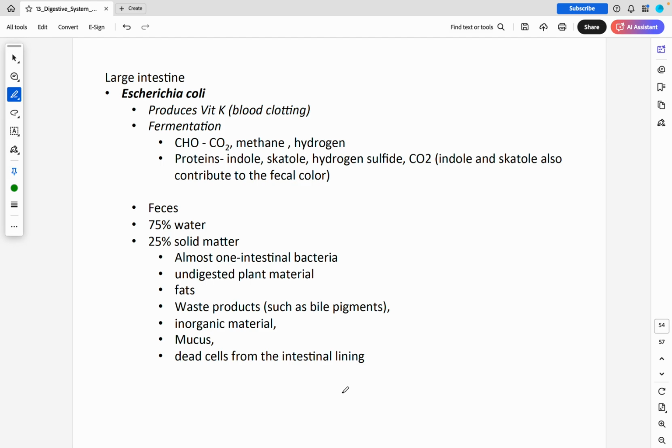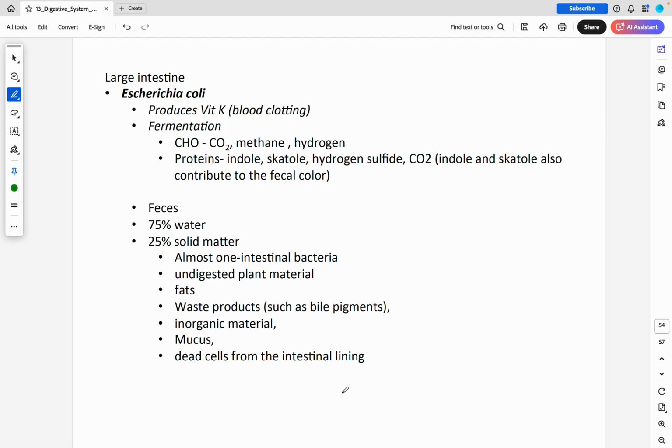We have the bacteria Escherichia coli, which produces vitamin K for blood clotting. It's a fermentative bacteria that can break down carbohydrates, and also makes use of several other nutrients for its growth and survival, which can be acquired through the digested food.